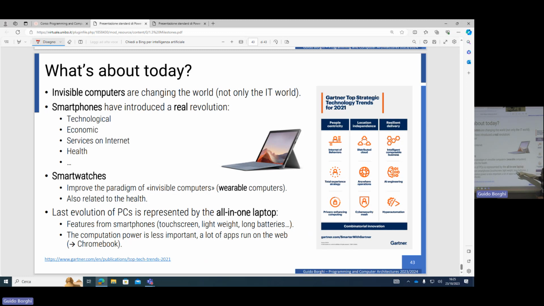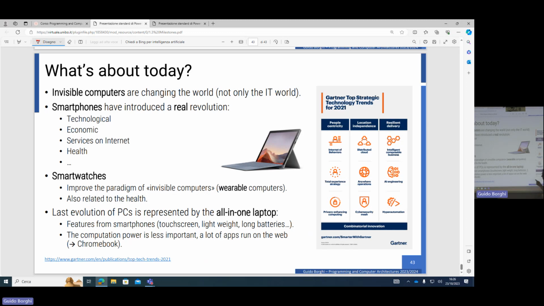Then here we have lightweight and long batteries. One of the features of all-in-one laptops is portability. So we have mobility, since we have long batteries, so we can use these devices without plugging them in.